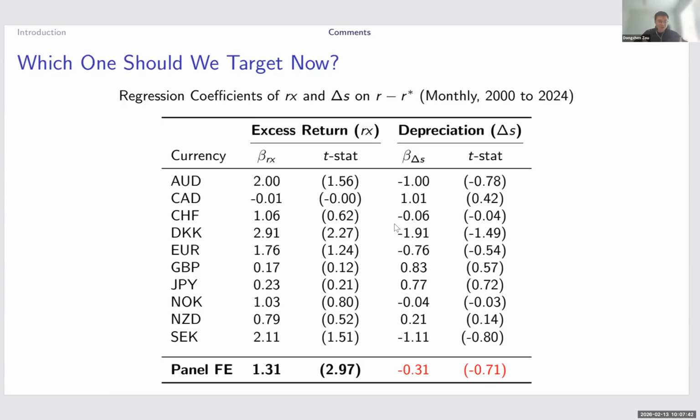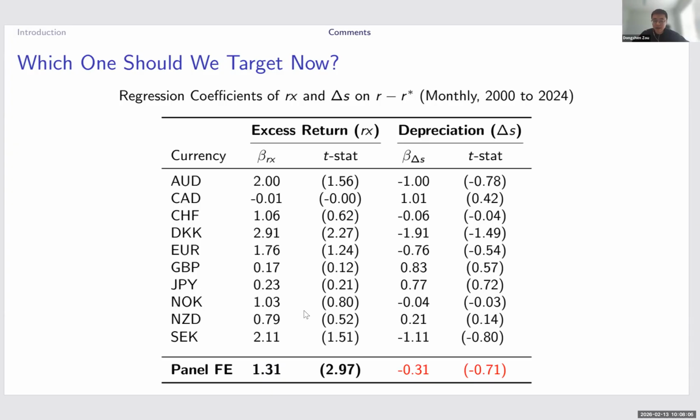If we pool it together, you will see the excess return coefficient is going to be 1.3. What does it mean? It means that if I have a 1 percentage point increase in the interest rate differentials, it is associated with 1.3% higher excess return from time t to t plus 1 month.